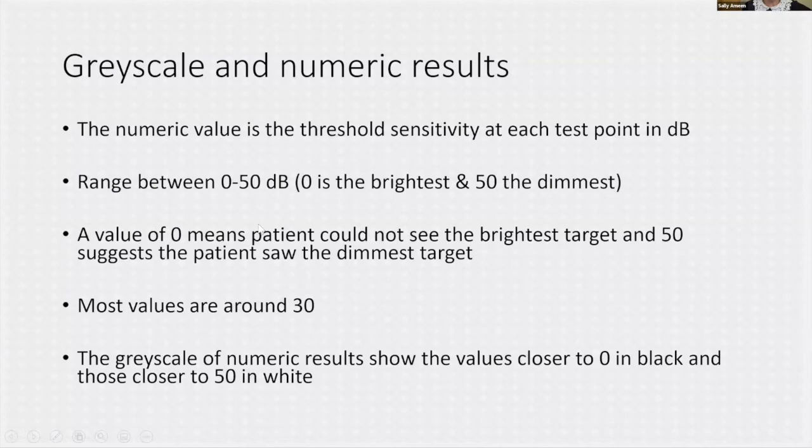A value of 0 means the patient could not see the brightest target, and 50 means they saw the dimmest target. Most values are usually around 30, and the grayscale essentially shows the values closest to 0 in black, and those closest to 50 in white.